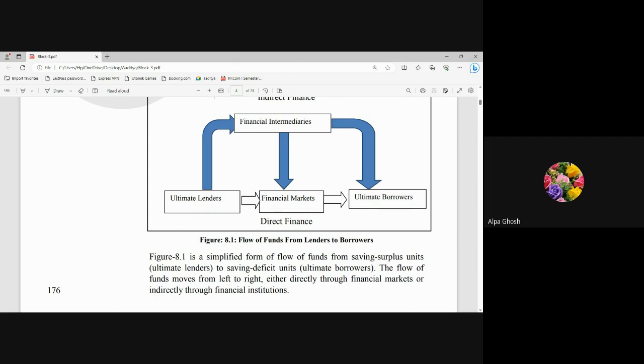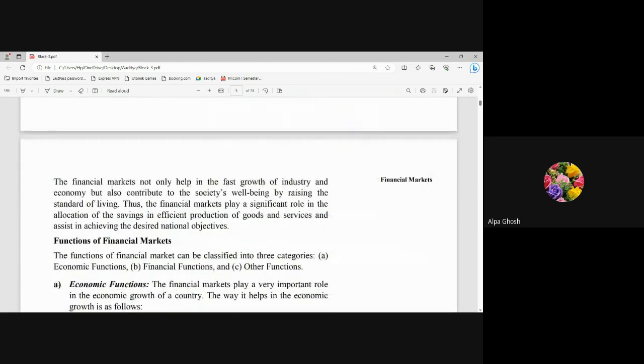So ultimate lenders put their money to the financial intermediaries, and financial intermediaries take this fund from the financial market, and then they bring it down to the ultimate borrowers. Am I clear? I hope you understood this diagram.